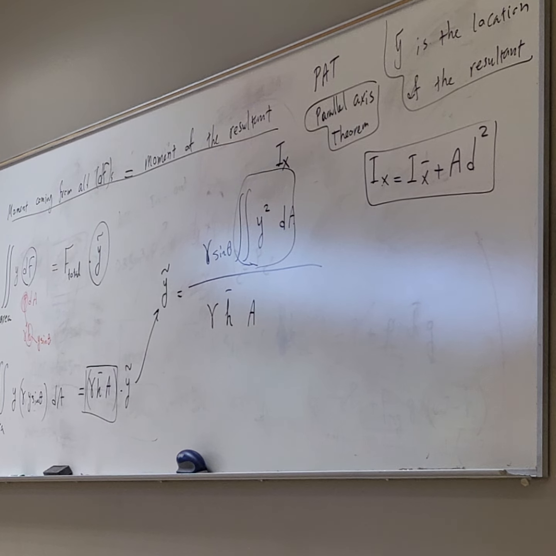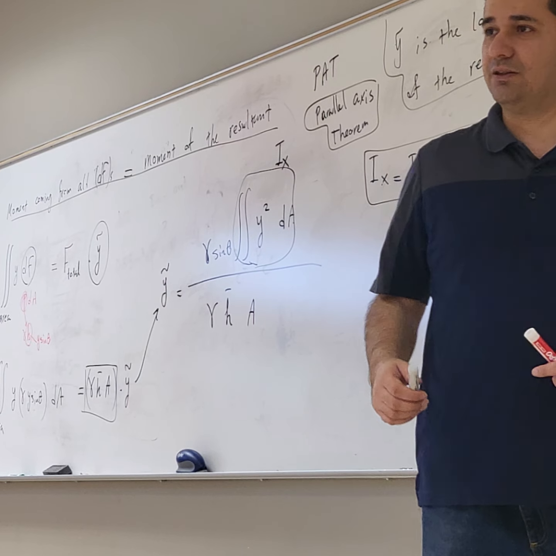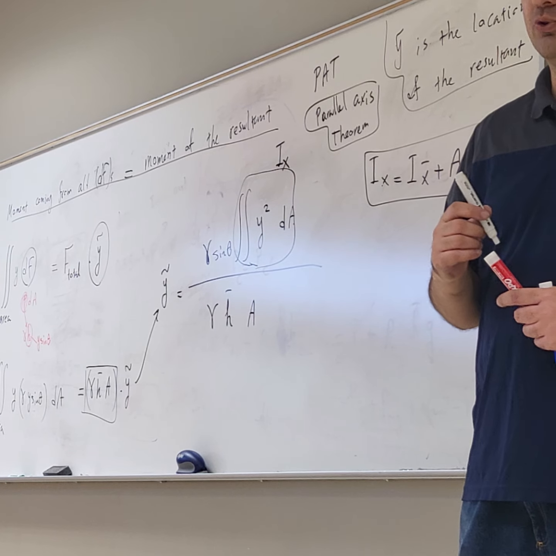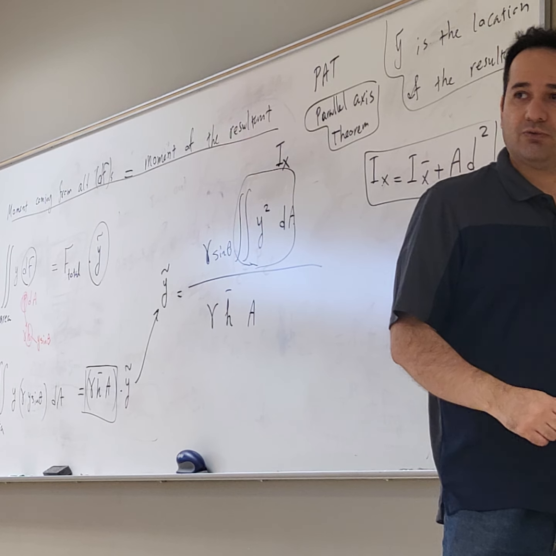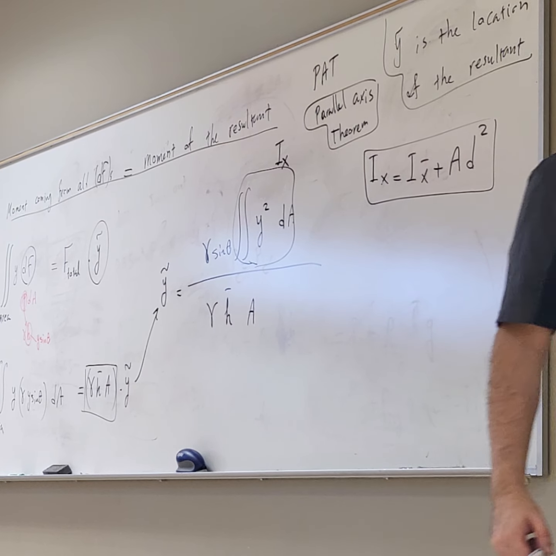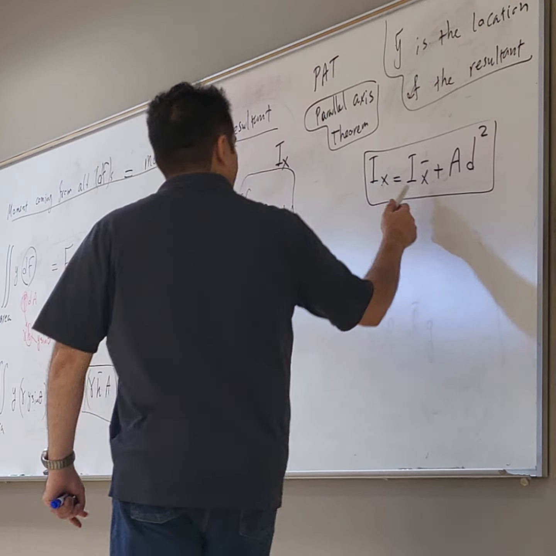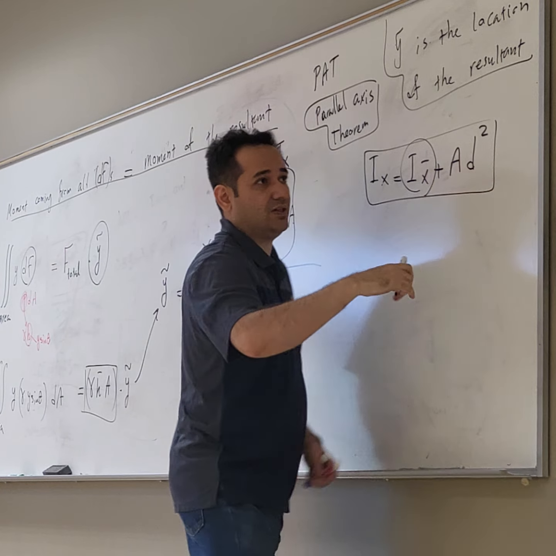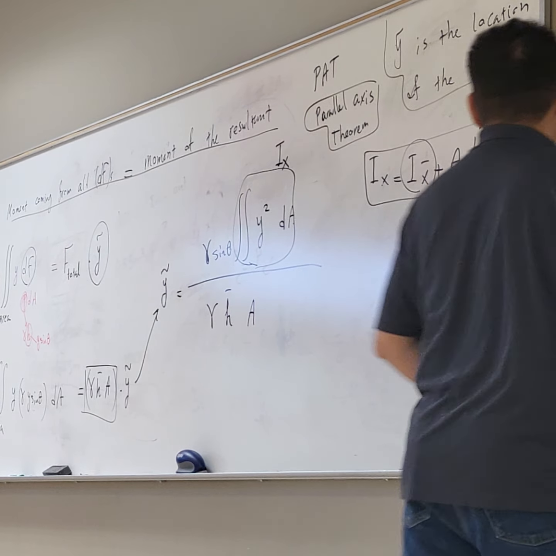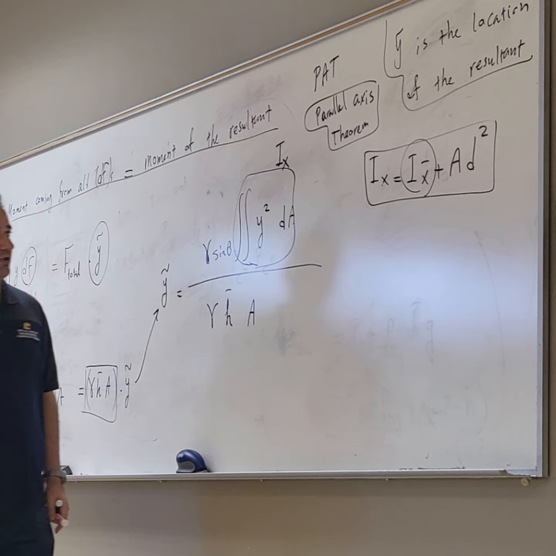So I have the moment of inertia with respect to the centroid. The one that you see in the handbook is for Ix bar with respect to centroid. It's not with respect to any location like x. But I can find a relation. The one in the handbook plus the area times the distance between these two parallel axes squared is equal to Ix. So that's what I'm substituting here.